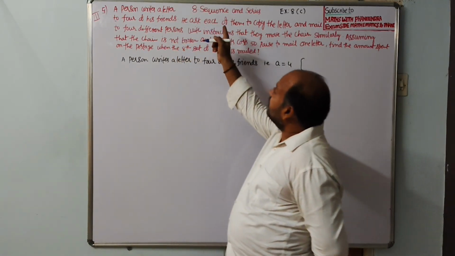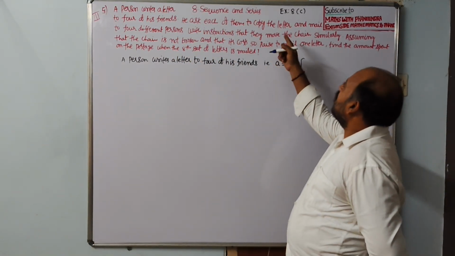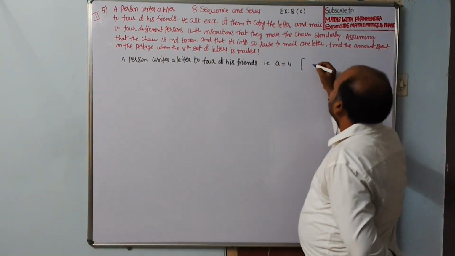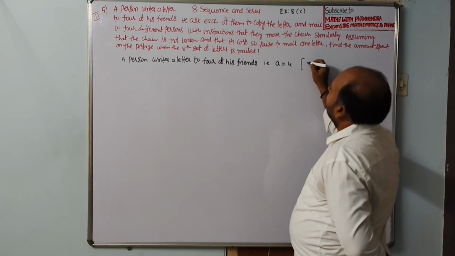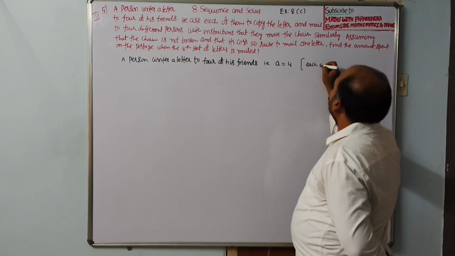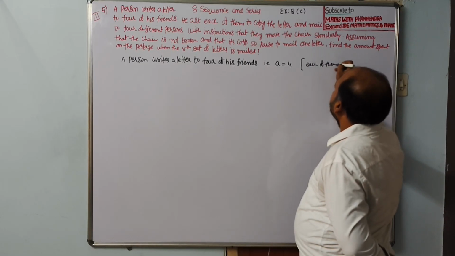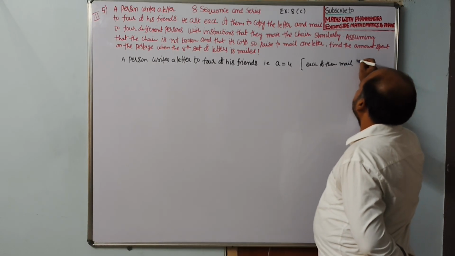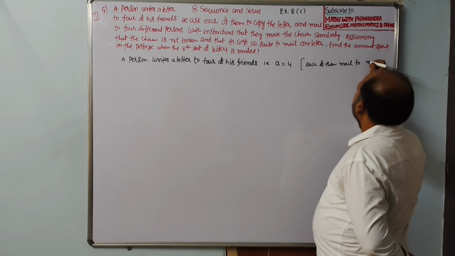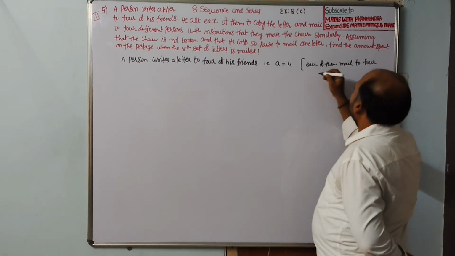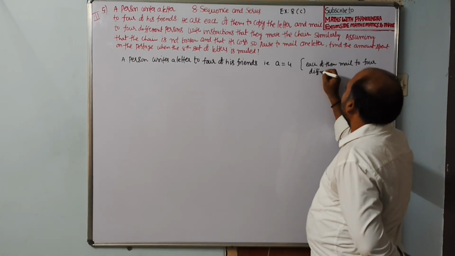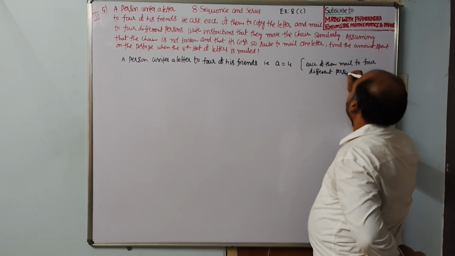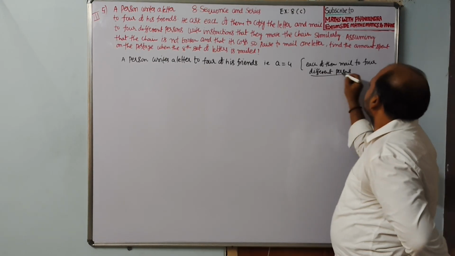Whenever he asked each of them to copy the letter and mail to 4 different people, each of them mails to 4 different persons.